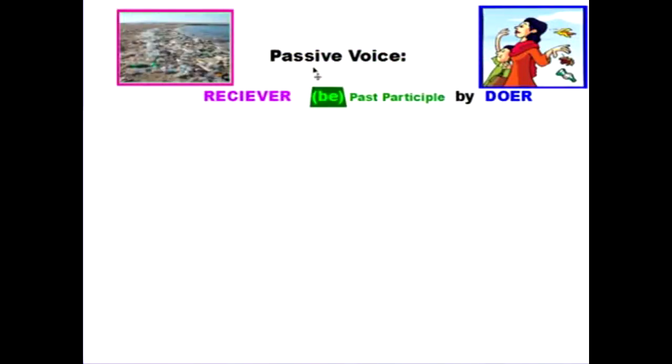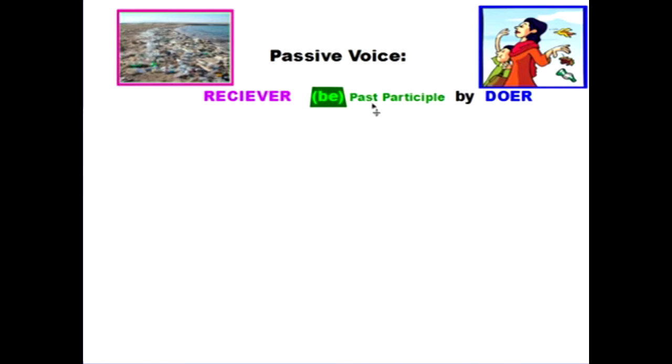So we can use the passive voice in any type of verb tense, the present, the past, the present perfect, and the present perfect continuous. But let's look at the different ways that we do this. So remember, the passive voice begins with the receiver. I use be, and then I use the past participle, and then I use by plus the doer. Now, when I want to change the verb tense to the future or the past, I change this verb. I change be.